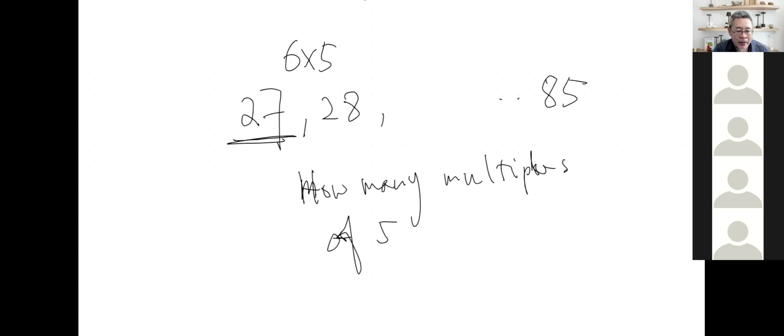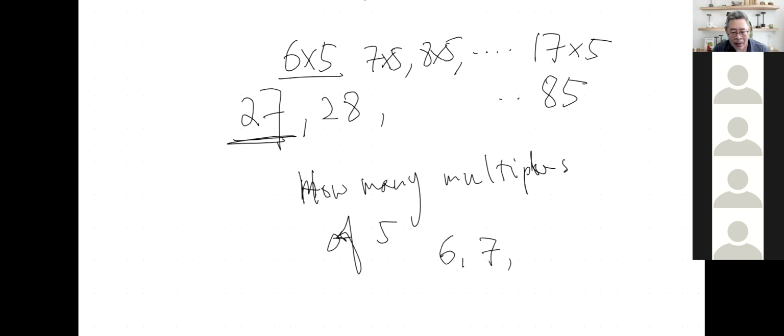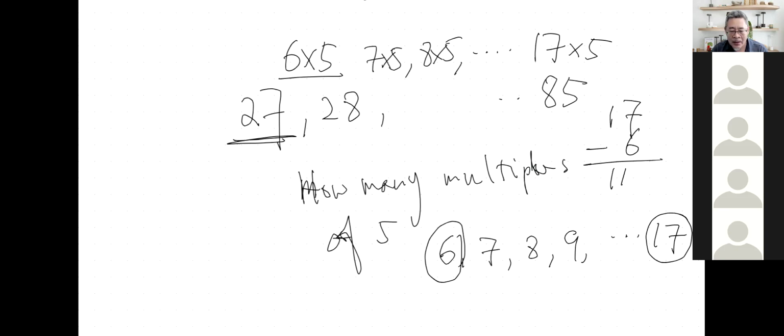That means we have 6 times 5, 7 times 5, 8 times 5, and all the way down to 17 times 5. Remember how we did counting: 6, 7, 8, 9, all the way to 17, it is the last number minus the first one, add 1. So in this case, it will be 17 minus 6, which is 11, we just add 1 to it. And that gives us 12.